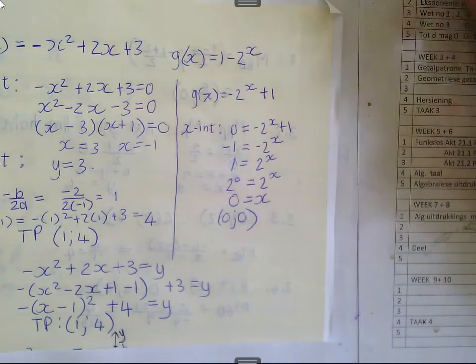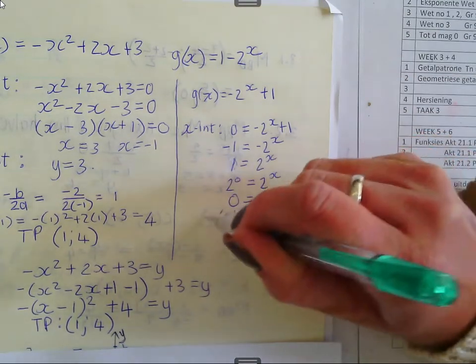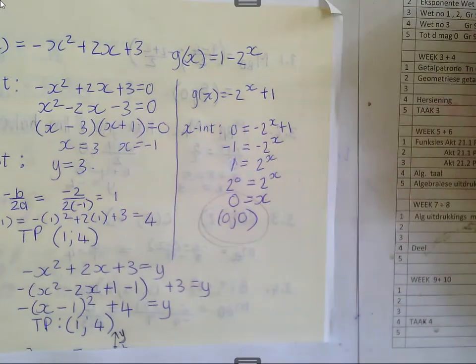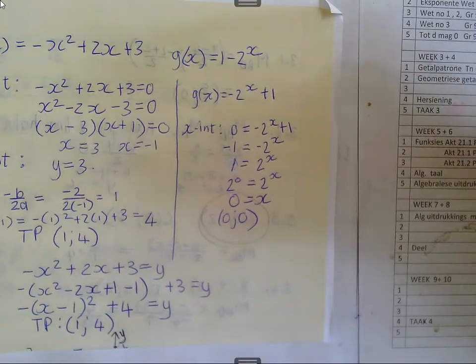Plus 1 would also end up giving you 0. So if you get to that, you need to understand that you don't have to calculate the y-intercept as well. Because both of them are 0, that means that is the intercept. Okay, it's cutting the x and the y axis there.